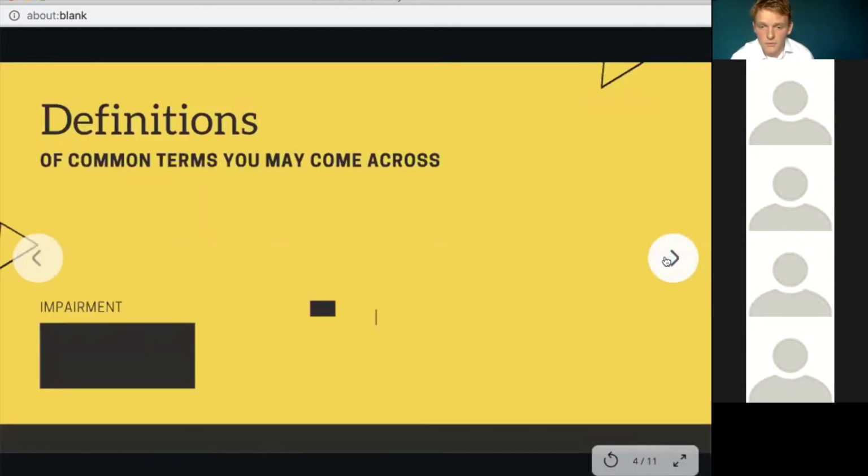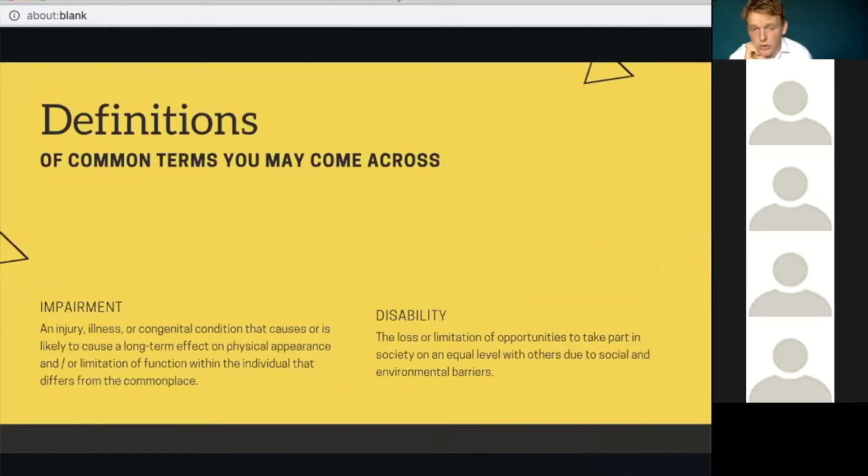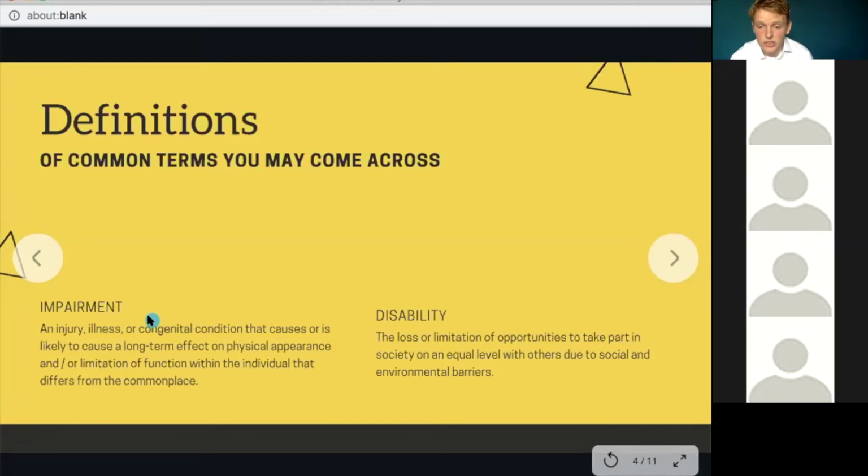So, as we've come across, definitions of common terms. We had this question in the Kahoot quiz that impairment is different to a disability. For instance, I use my example of my deafness, where the hearing loss is the impairment. But I think what's interesting is it differs from the commonplace. This is a purely hypothetical example.